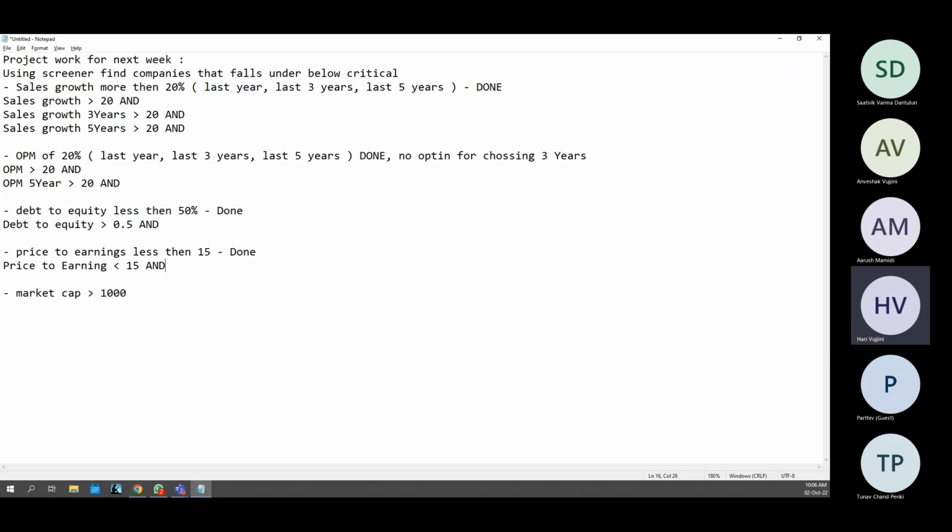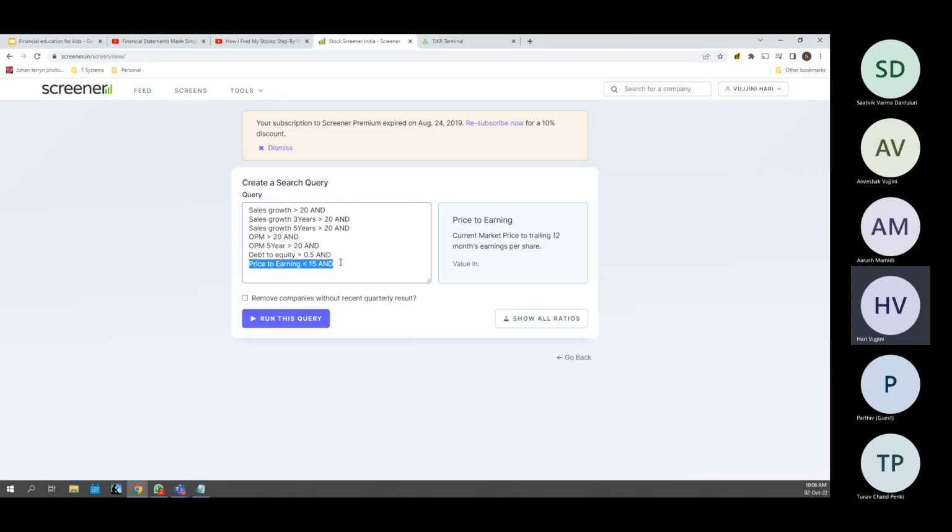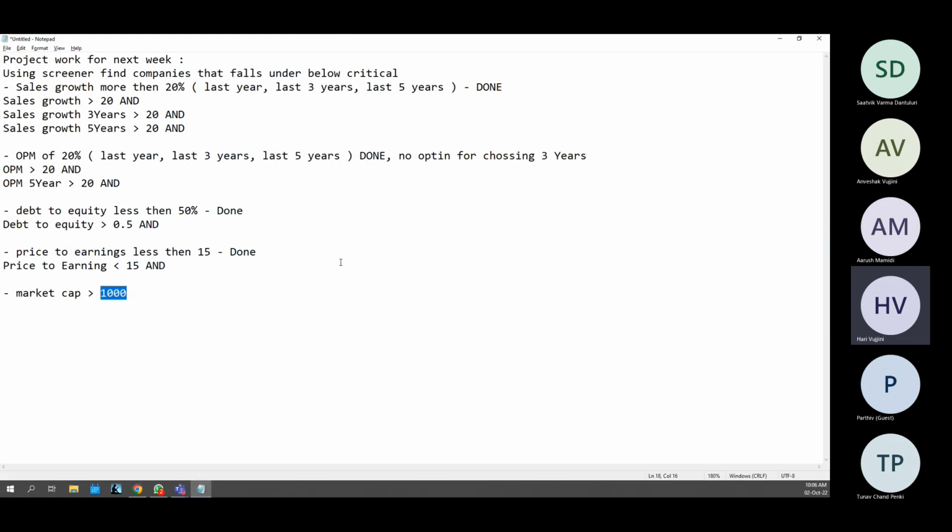Then we want companies with more than 1,000 crores market cap. We don't want to invest in small companies, because they could be manipulated by investors and brokers to increase the share price.